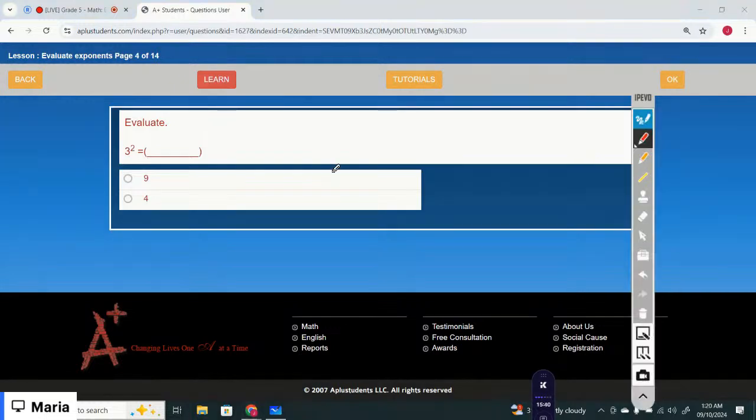So you have to multiply 3 two times. Very good. That is 3 times 3, which equals 9. Option number 1 is the correct option. Option 2?